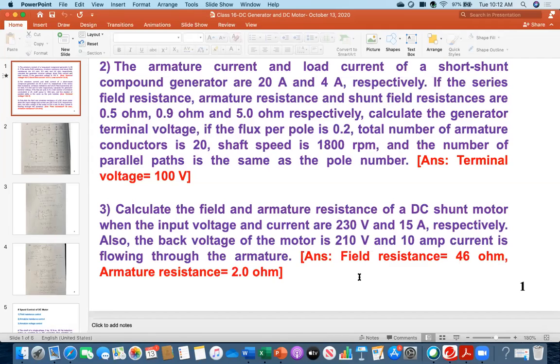And then see that you get the same result. Field resistance 46 ohm and armature resistance 2 ohm.